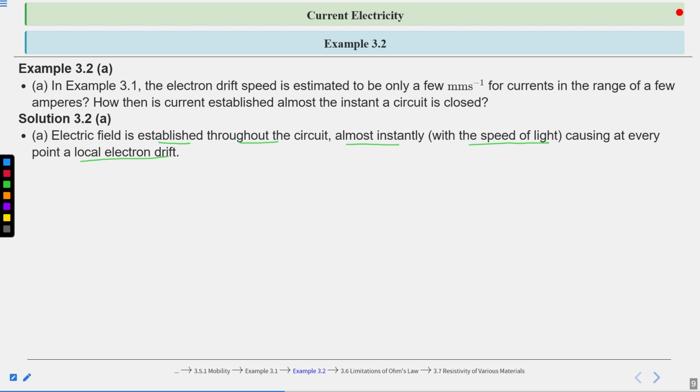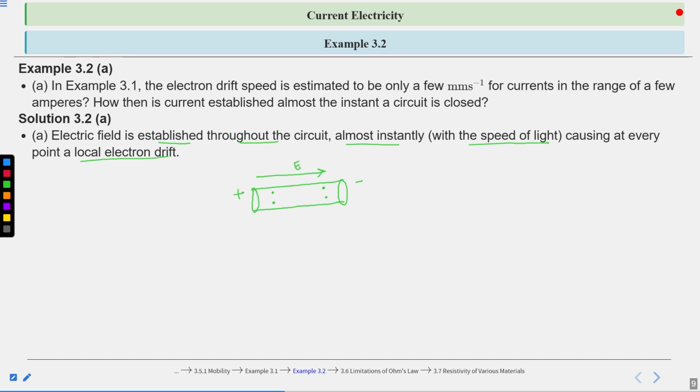Not only at that end. Say there is a conductor like this, with two electrons here and two electrons at that end, and we create a potential difference, and this is the direction of the electric field. The electric field will establish instantly without taking any time.